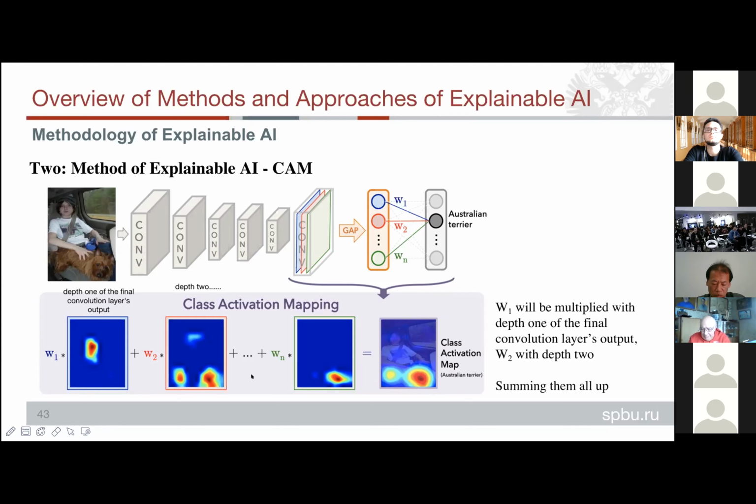So in this picture, W1 is multiplied with depth 1 of the final convolution layer output, and so on. And finally, we sum them up and we will get the explainable results. On this heat map, the dog position is accurately displayed in this and the original.